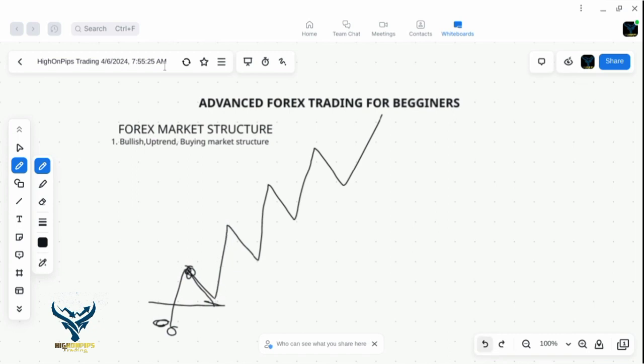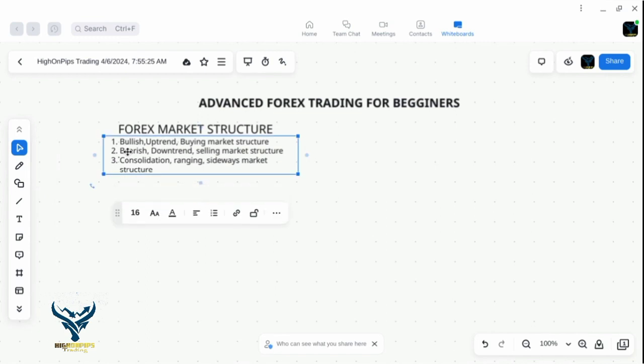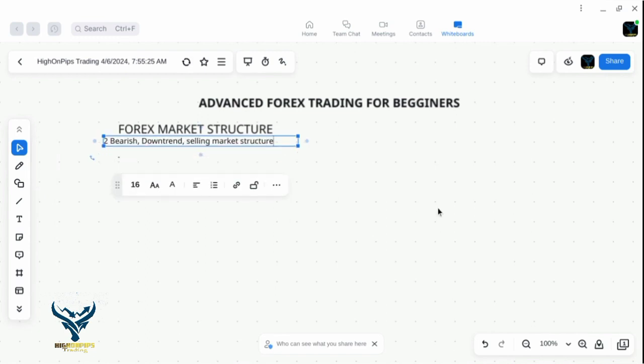Okay, now let us move to a bearish market structure. A bearish or downtrend market structure is just the opposite of a bullish market structure.